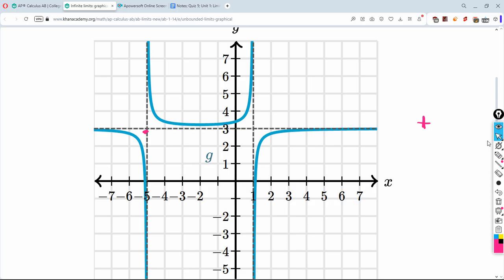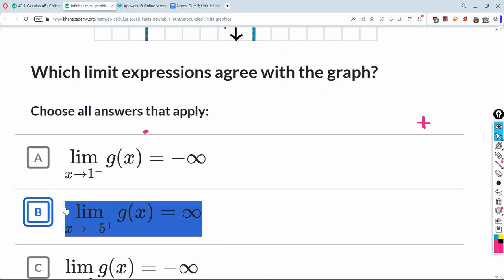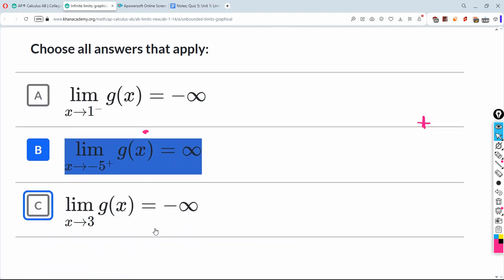Yeah, from this side, from the positive side at negative 5, traveling along the graph, this goes to positive infinity. All right. From the positive side at negative 5, the graph goes to positive infinity right here. So that's true.